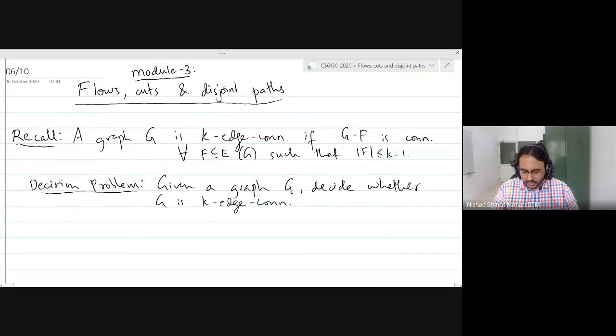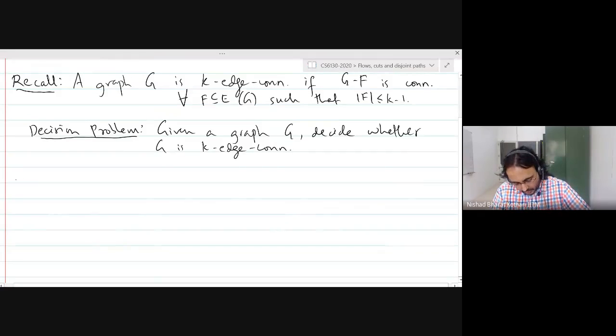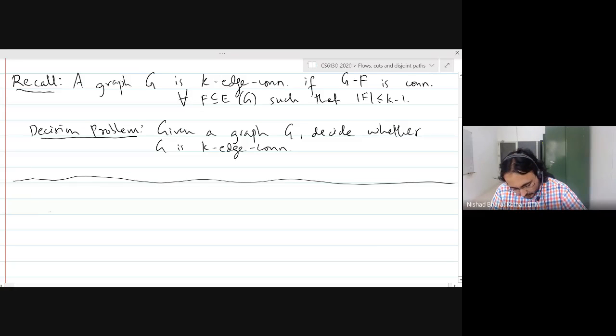So I want to do a quick survey to find out what everyone here has studied in their previous courses. How many of you have seen the max flow min cut theorem?